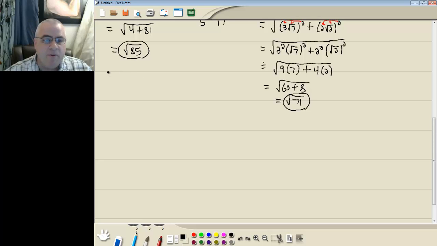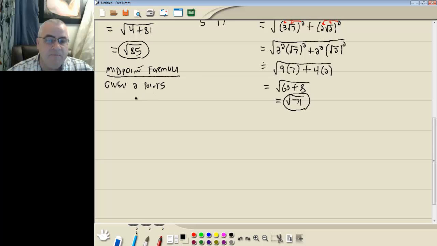Well, let's talk about the midpoint formula. The distance formula found the distance between 2 points. This finds the exact center between 2 points. Given 2 points, x1, y1, and x2, y2, then your midpoint is given by this formula.